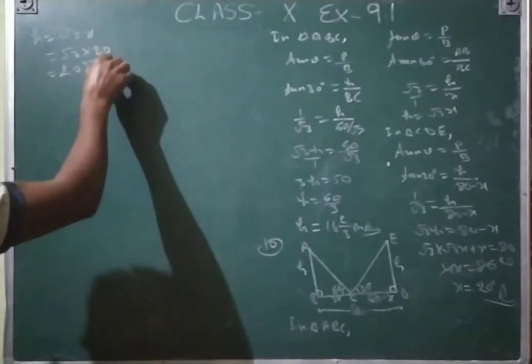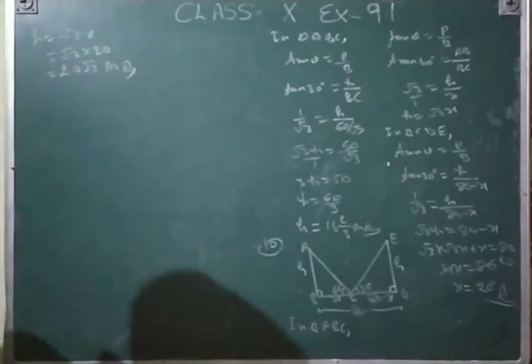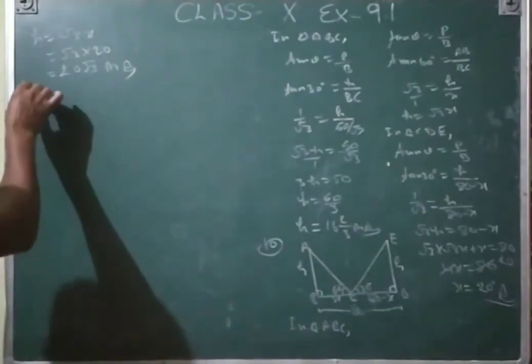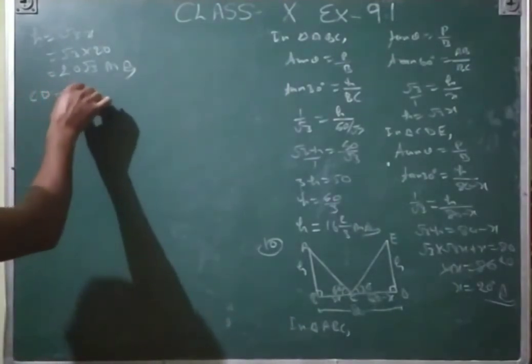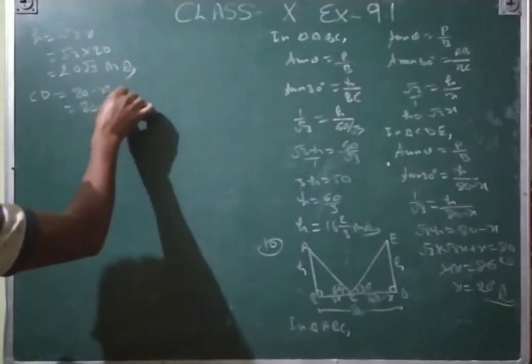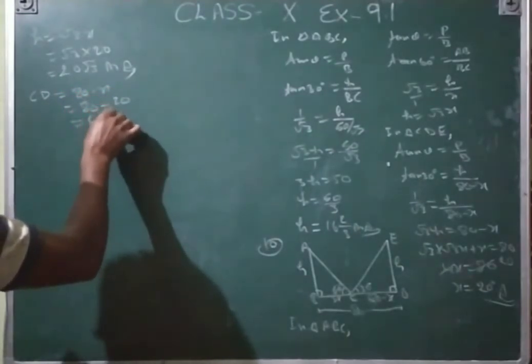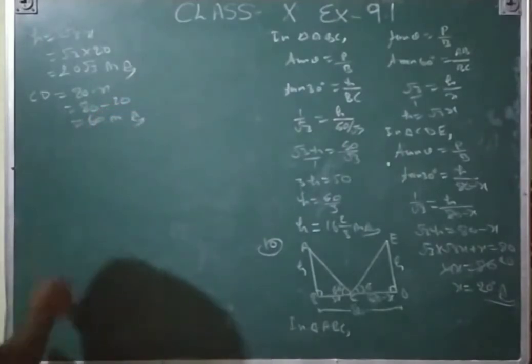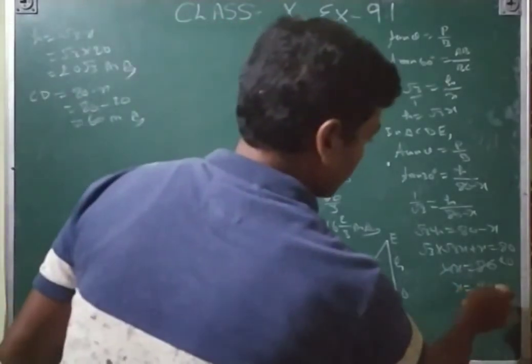That is the height, the second answer. And then the second base, that will be CD. CD is equal to 80 minus x. So 80 minus 20 is equal to 60 meter. This is also an answer.